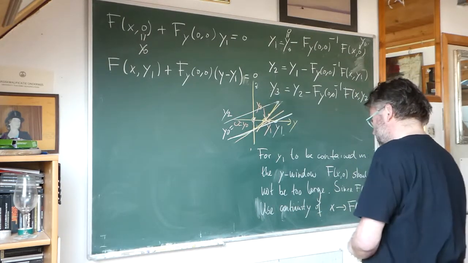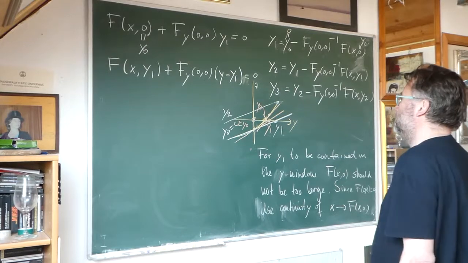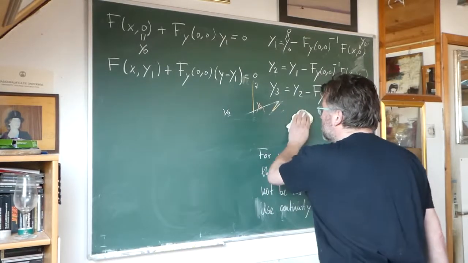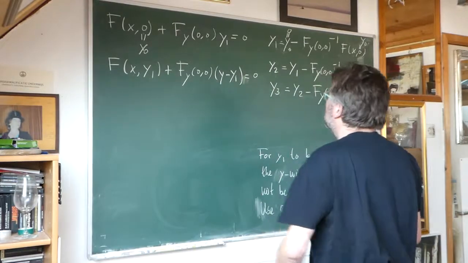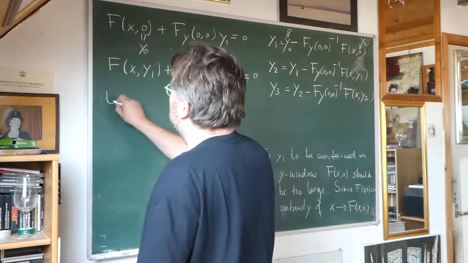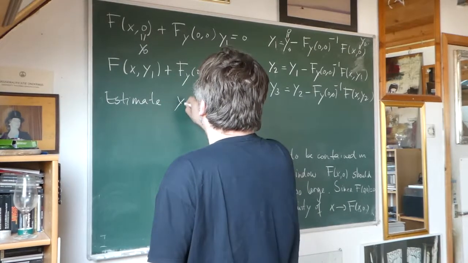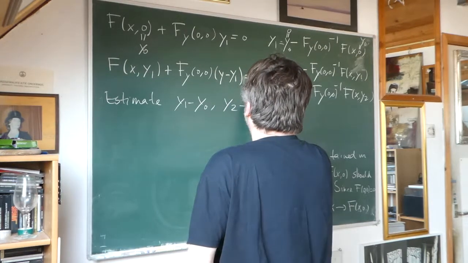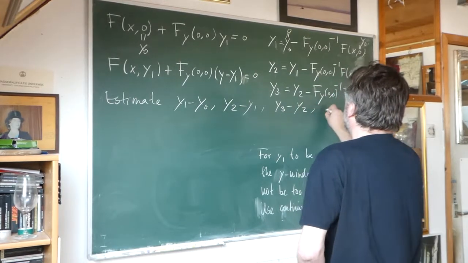Now we have in mind what this picture is, and now we forget the pictures and we just do the estimates for the increments: y1 minus y0, y2 minus y1, y3 minus y2, etcetera.